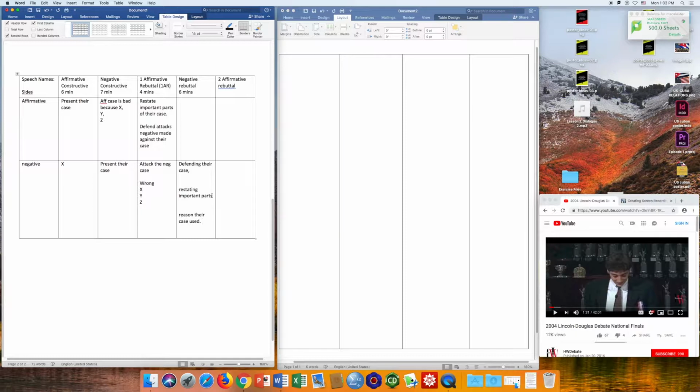So a voting issue for why to use their case. And then the negative will respond to the affirmative case. So they spend half their time defending their case, and then they spend half their time attacking the affirmative case. And still wrong because of X, Y, Z.